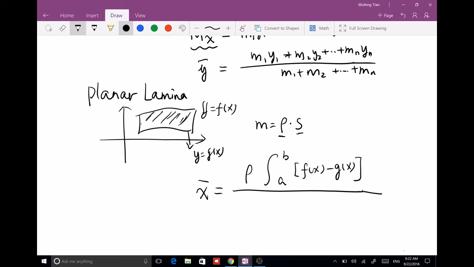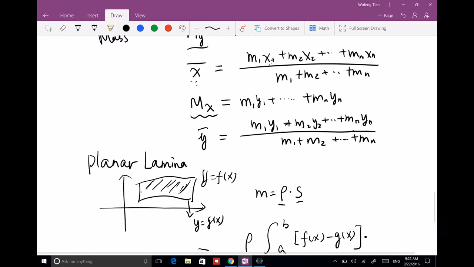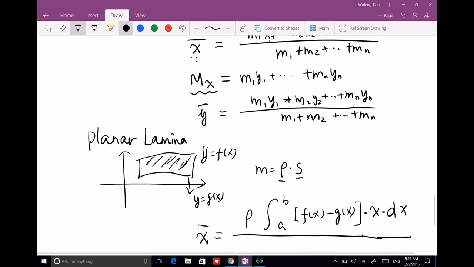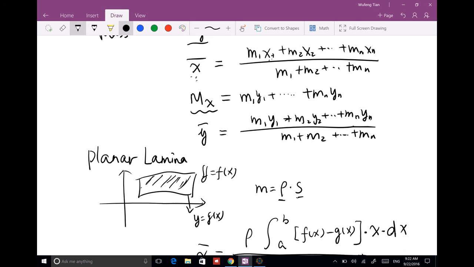Okay, because it's m times the moment, you have m times the distance of the x position. So, times x times dx. The formula is mx, it's not just the mass.